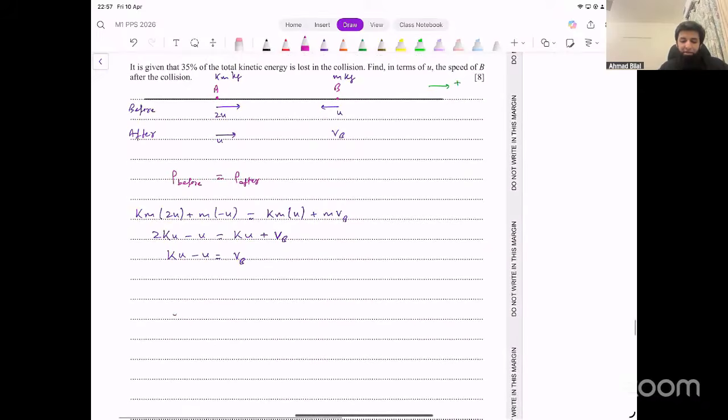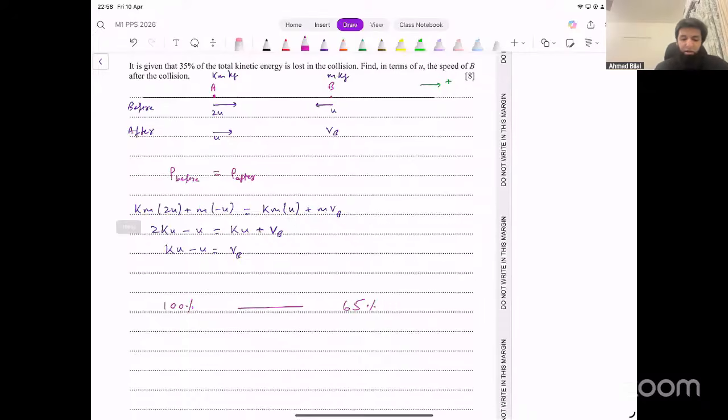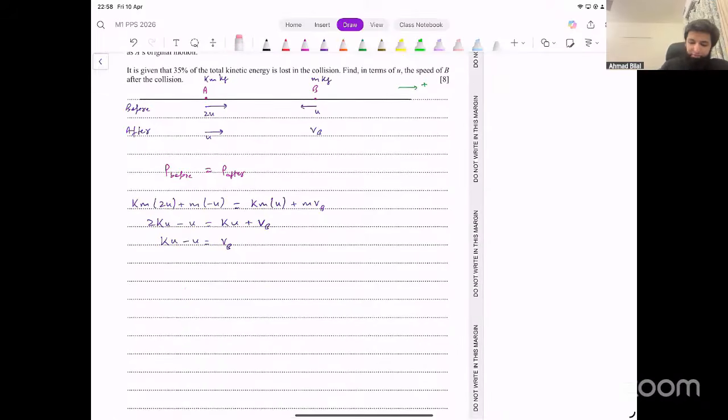If the original was, let's say, 100%, then afterwards it becomes 65%, right? 35% is lost. So after collision, it is going to be 65% of the original. So we can say something like this. Final kinetic energy over initial kinetic energy, what should that ratio be?